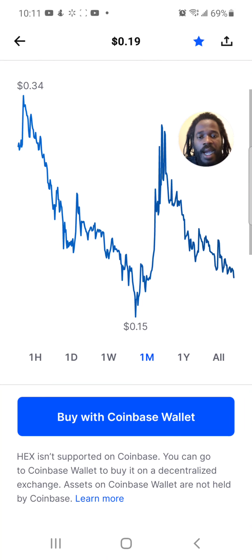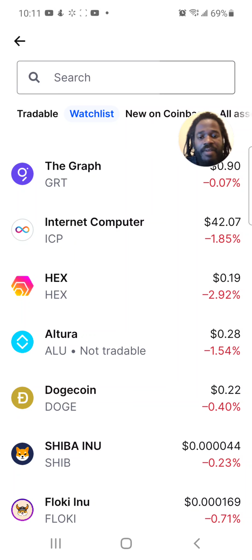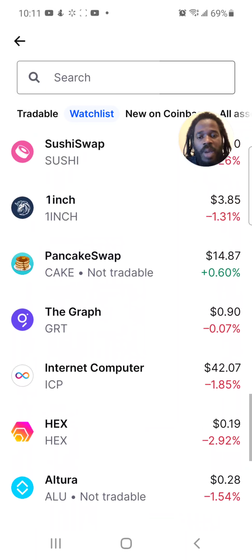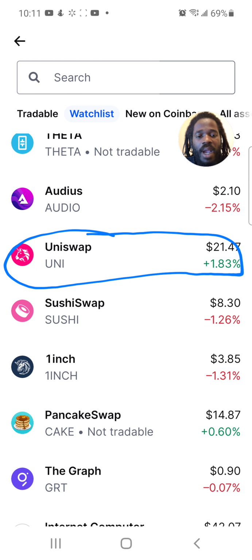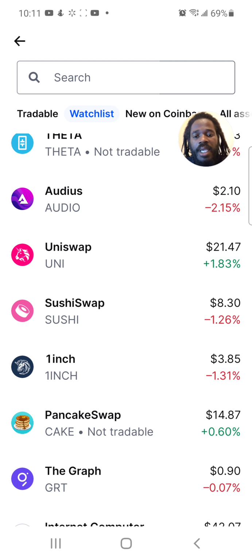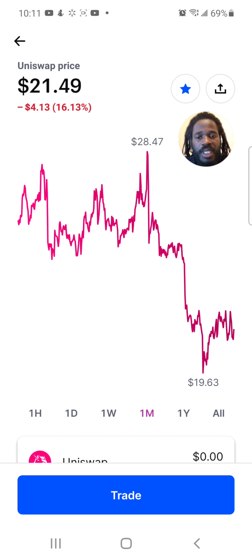And I have to wonder, is this the kind of stuff that Uniswap is dealing with that's keeping it from really growing? Uniswap's been stagnant for a while. Is this the kind of stuff that is holding up its progress? It's just been on a downward decline. This is the last month.